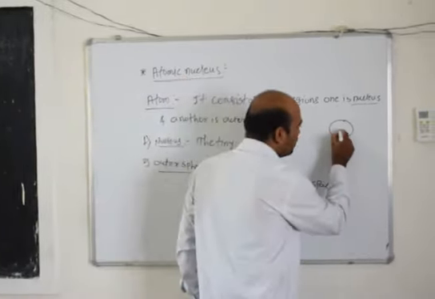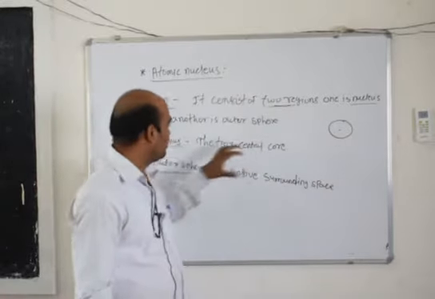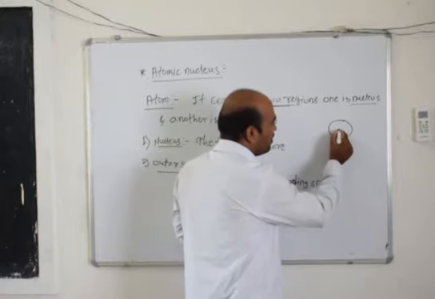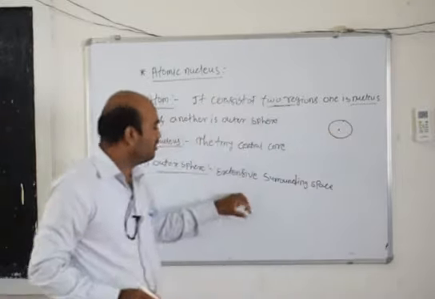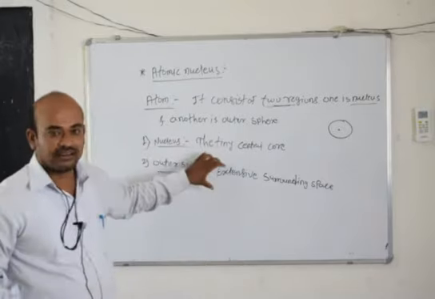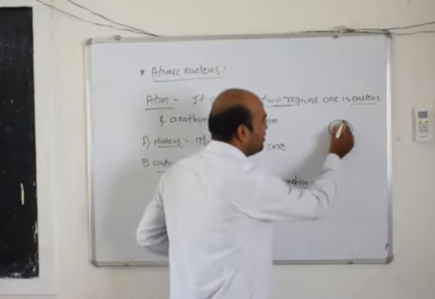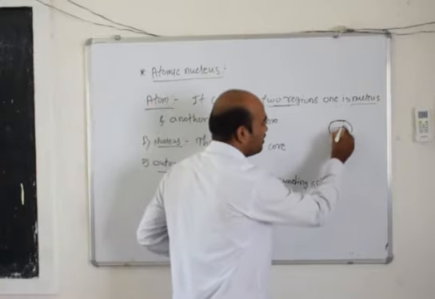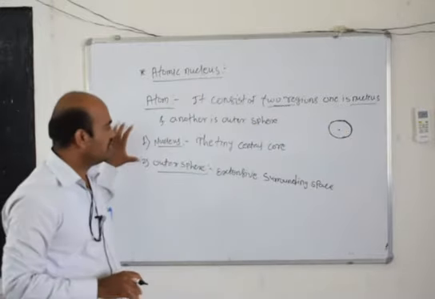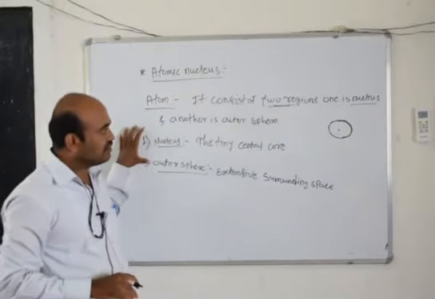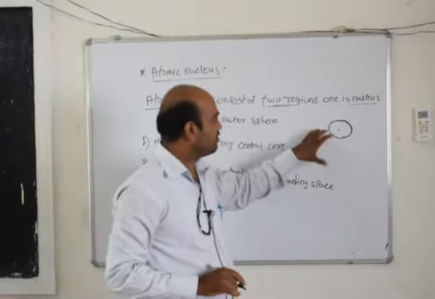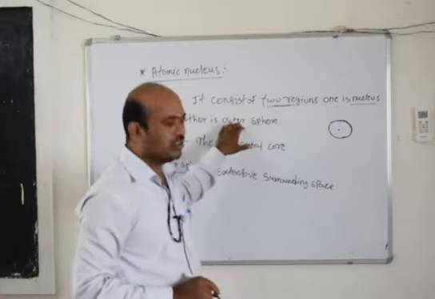The one is the nucleus, the tiny central core, and the other is the outer sphere, that is the extensive surrounding space. It consists of two parts, nucleus and outer sphere.